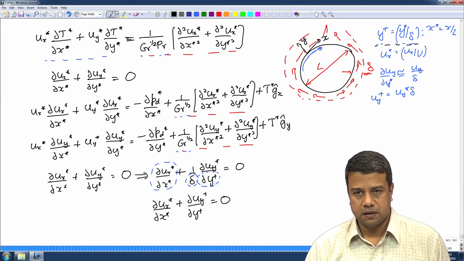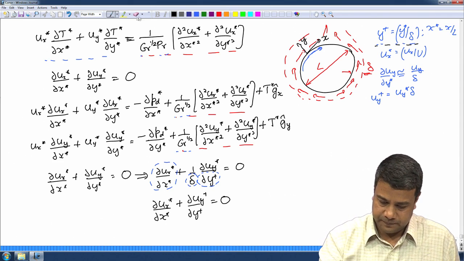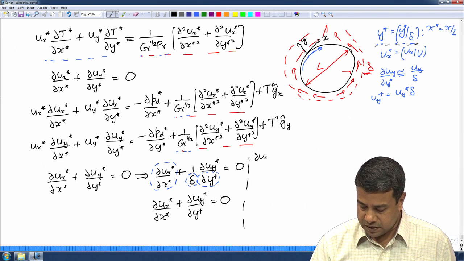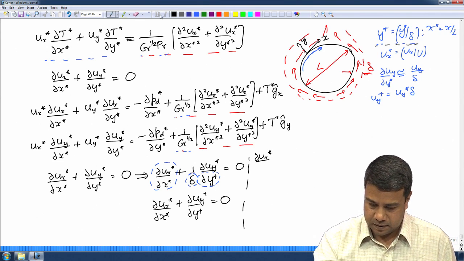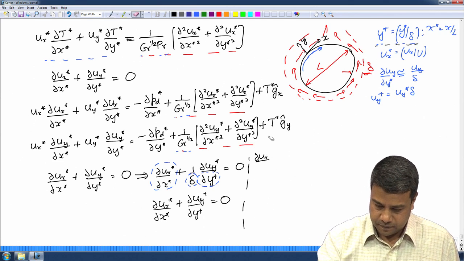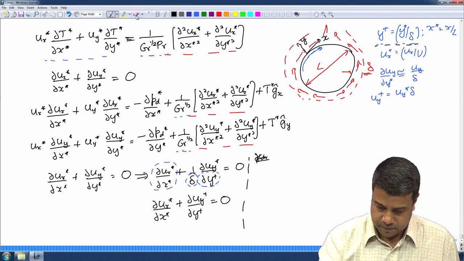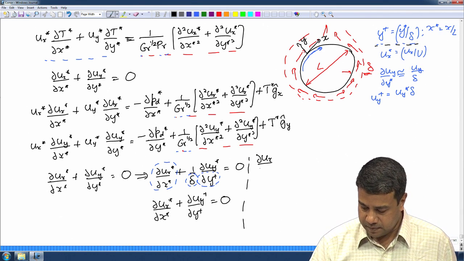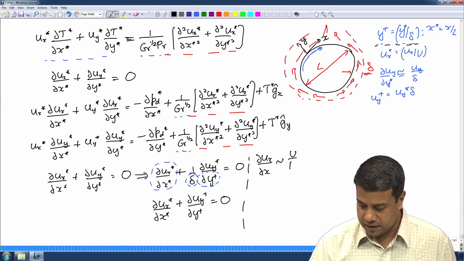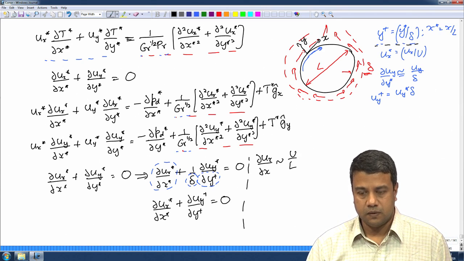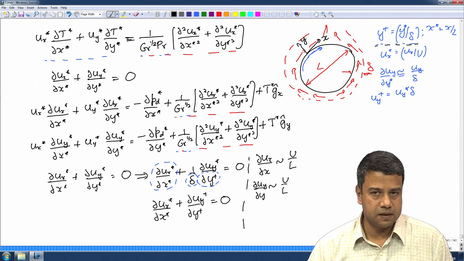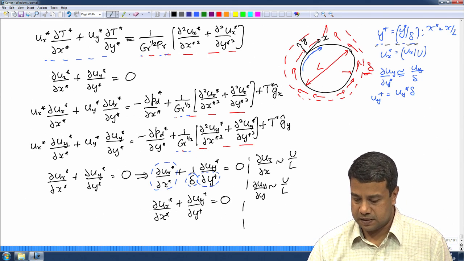Put another way, explained in another way, partial ux by partial x goes as u by L, which means that partial uy by partial y has to also go as u by L for the two terms in the mass conservation equation to balance each other.